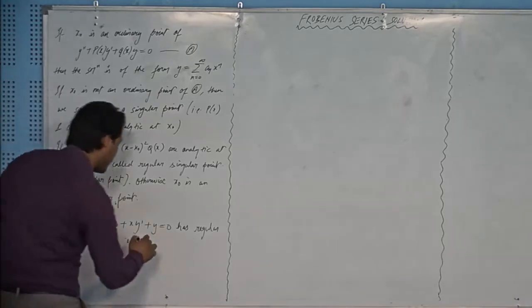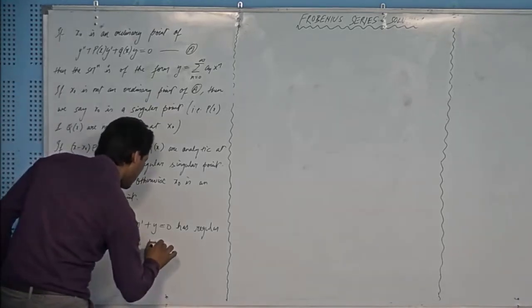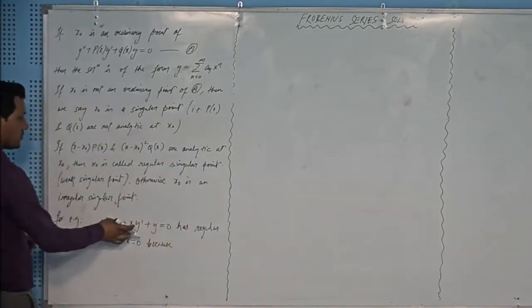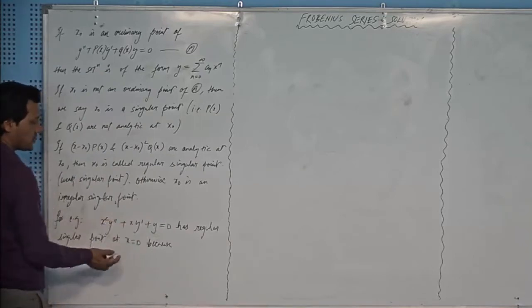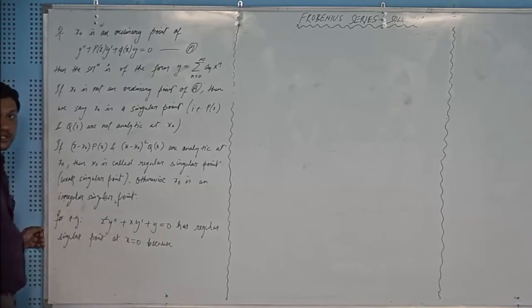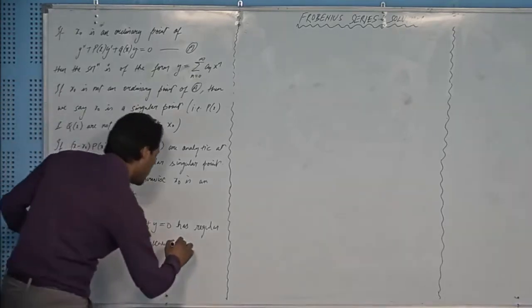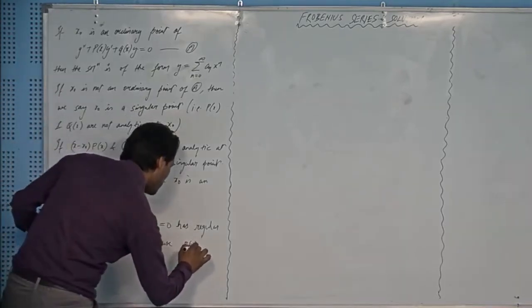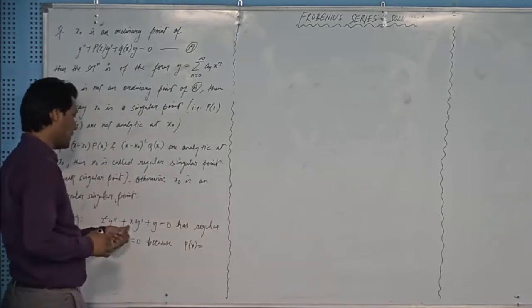Why? Because you can see that your coefficients are px and qx. You have to divide the whole equation by x square first, right? Because px is actually equal to how much? 1 over x.